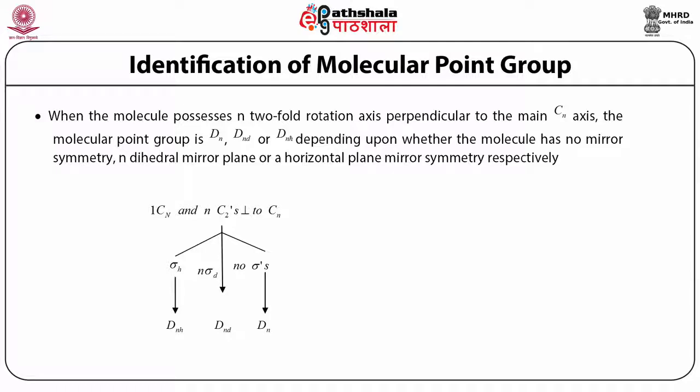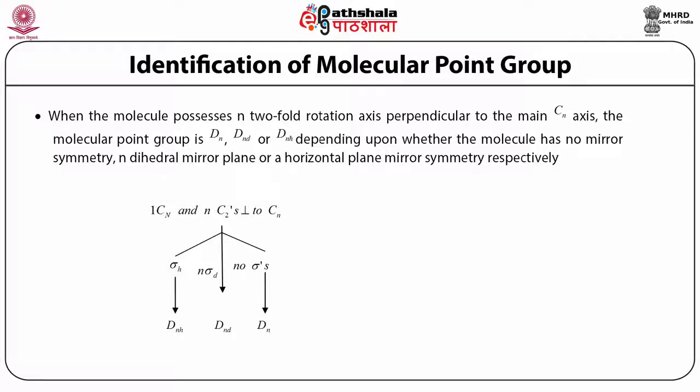Thus, to summarize, if there is one n-fold axis of symmetry, which is the main axis, and in addition there exist n twofold axes of symmetry which are perpendicular to this main principal axis, then, having first categorized this, if there are no mirror symmetries, no sigmas, the point group this molecule belongs to is Dn.